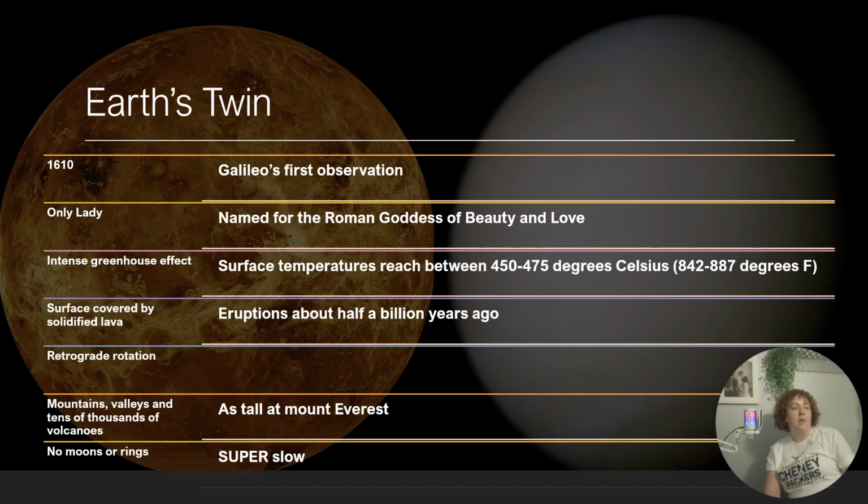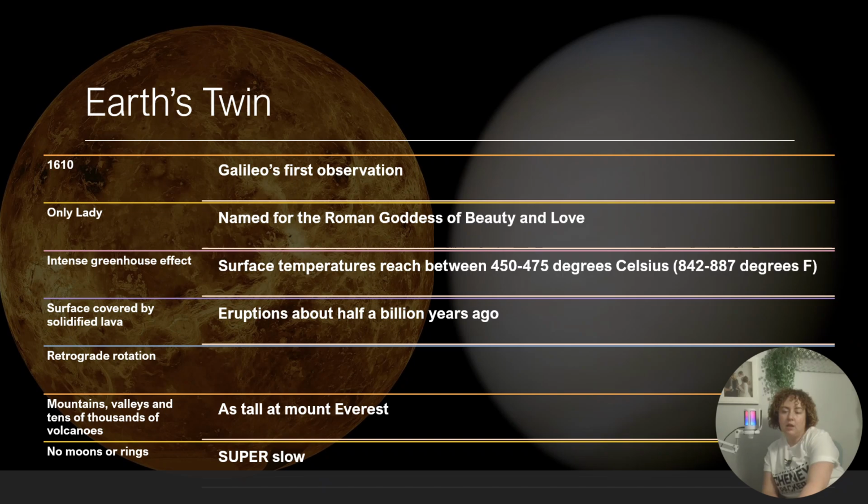It has an intense greenhouse effect because its atmosphere is so thick, especially for an inner planet. Because of what the atmosphere is made out of, it holds in the temperature from the direct rays from the sun at such a significant rate.